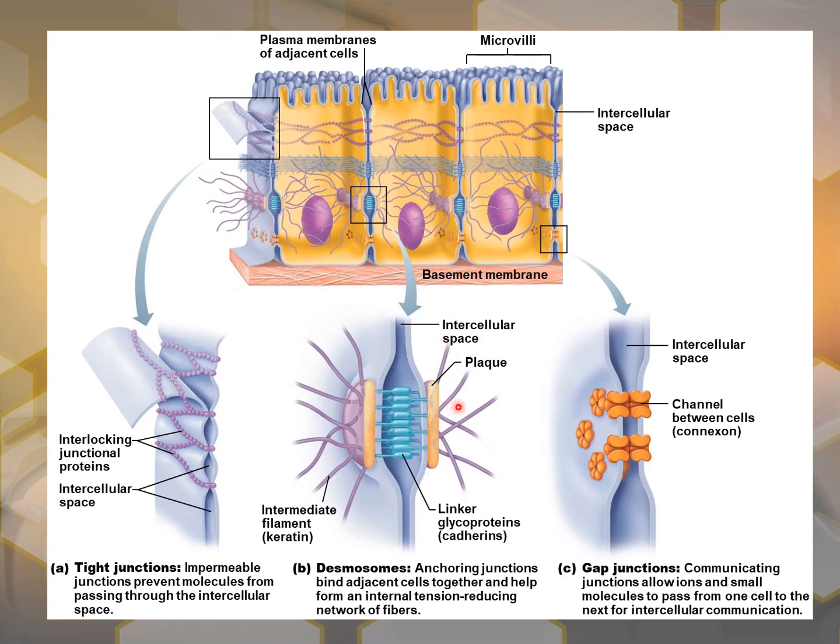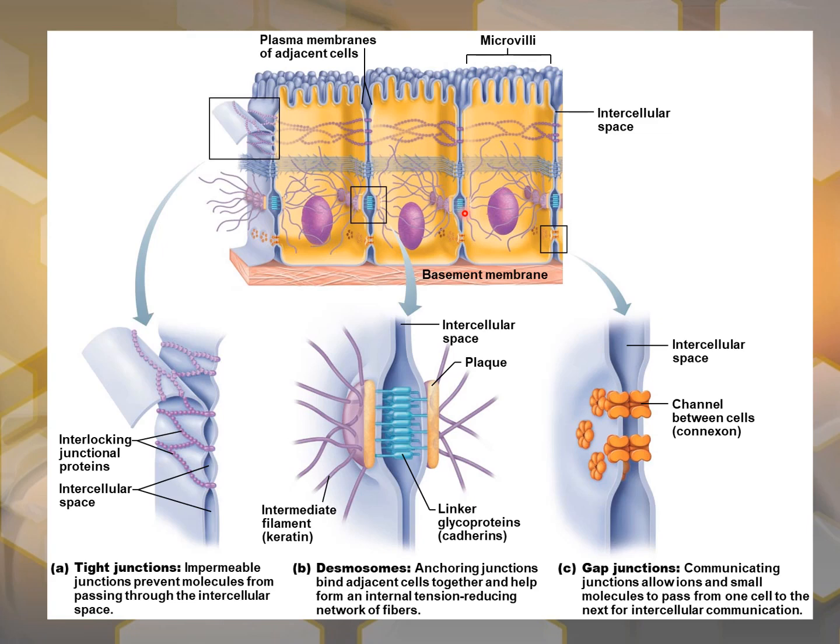Now the desmosomes I think are kind of complex, and again you don't need to know anything about these linker proteins or anything like that. Just know that the desmosomes are helpful in reducing the internal tension between the cells. So again, remember they're stuck together and there may be movement, right?